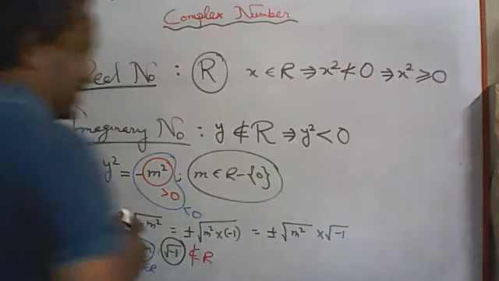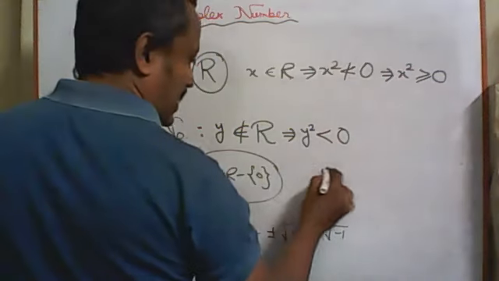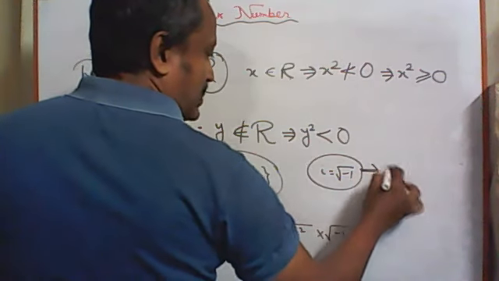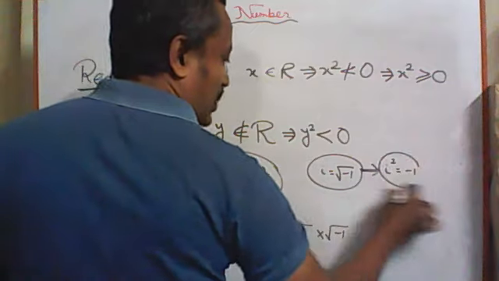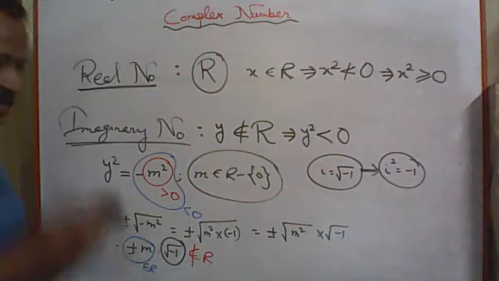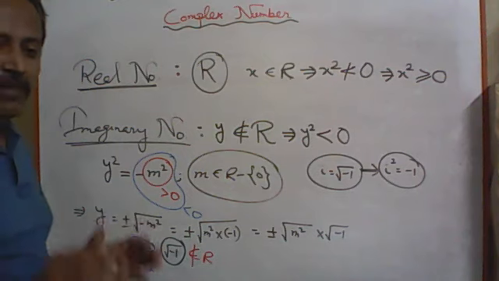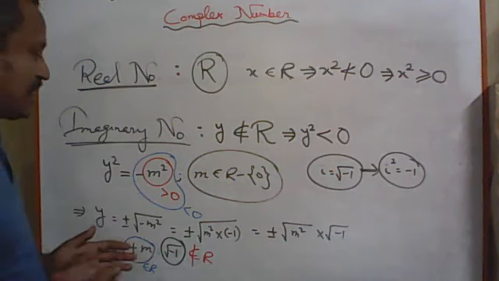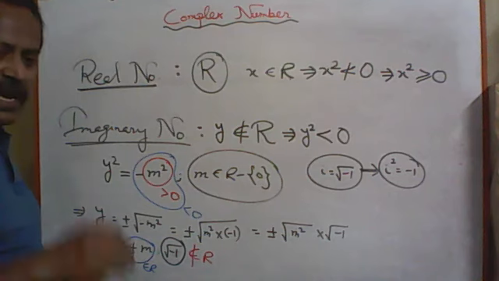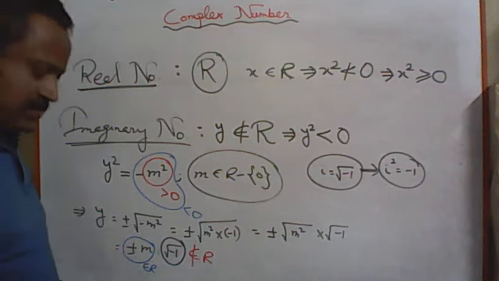So what is i? That means i equals root under minus 1. This implies i square equals minus 1. This is the significance of real number and imaginary number, and from today we can express any imaginary number.